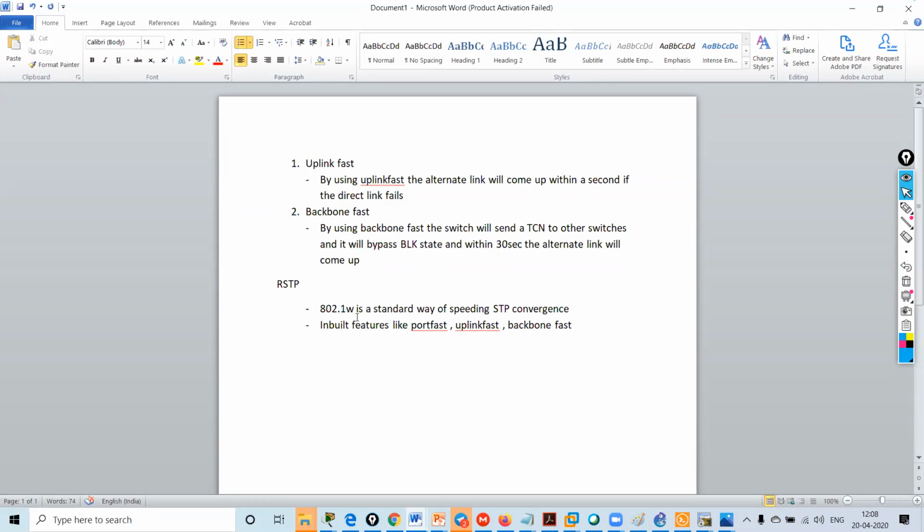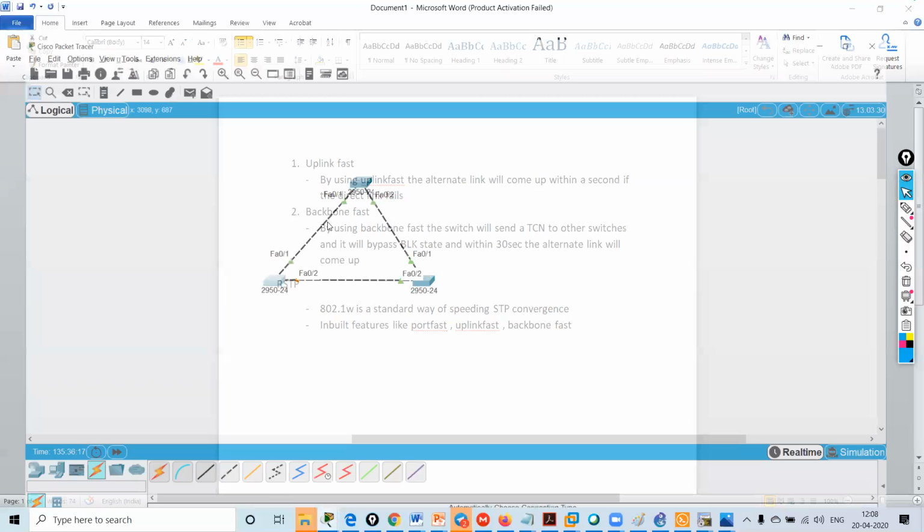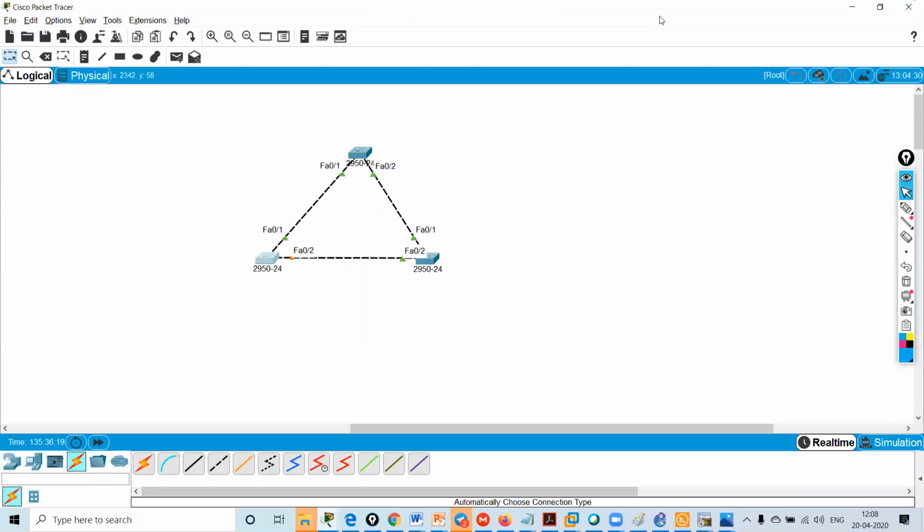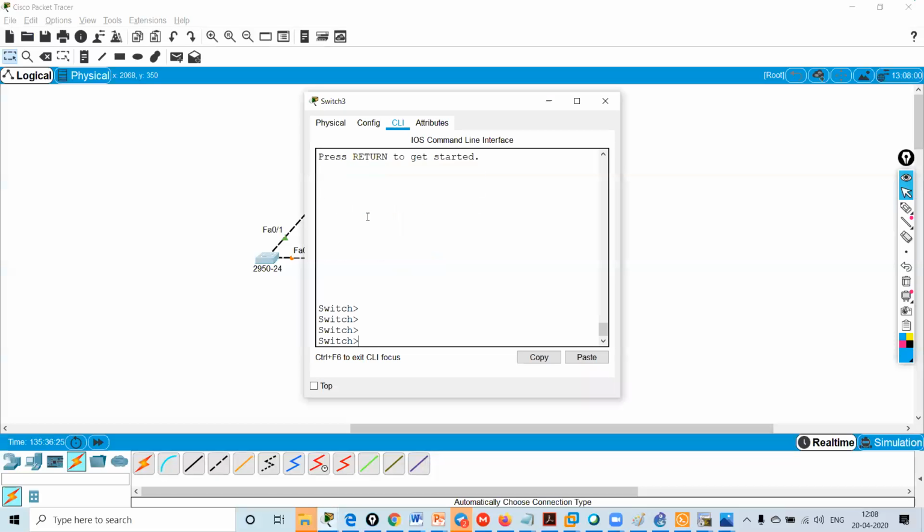Yes, sir. Is there any need to show you the practical of RSTP? If you need, I can show you the practical of RSTP, because it is the same that we have learned in CCNA, show spanning tree.